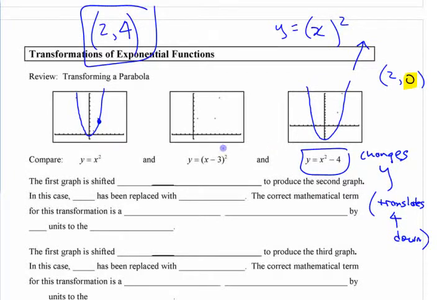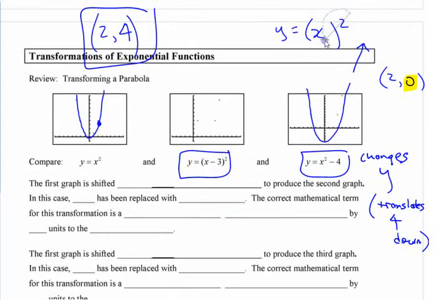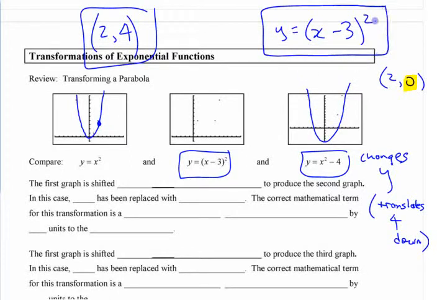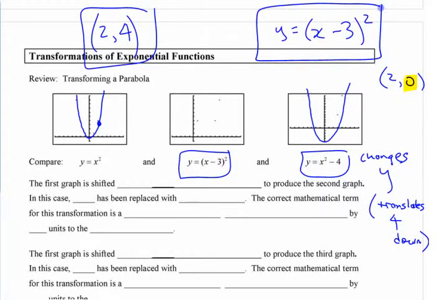If I make a change inside of that function, before I apply the function, if I put a minus 3 in here, what happens? You probably learned, well, when it looks like that, I do this on the graph. You might not have understood why. What did you learn last year happens when you have that minus in there?